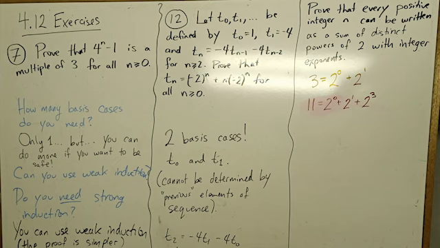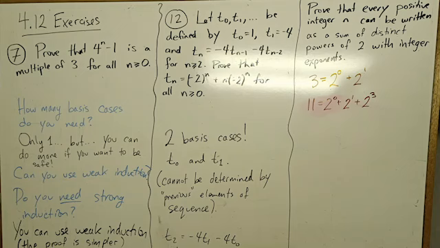But as long as you do two basis cases at least in this question, and specifically the basis cases T0 and T1, maybe I should highlight this. If you start by doing T1 and T2, for example, then that will not prove the statement.